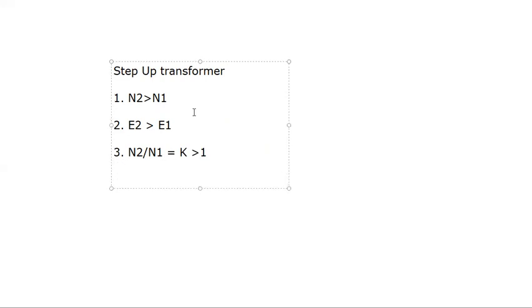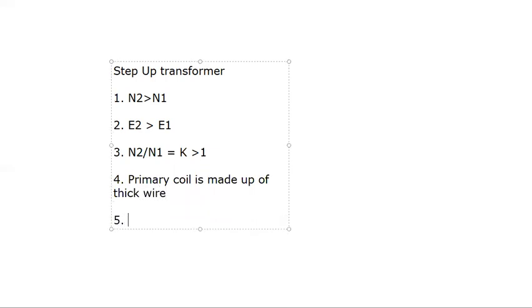So these are the third point. Fourth point I have already discussed. I told you that in a step-up transformer, the primary coil is made up of thick insulated wire, and the secondary coil is made up of thin wire.